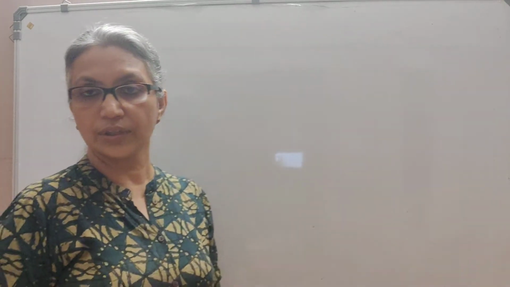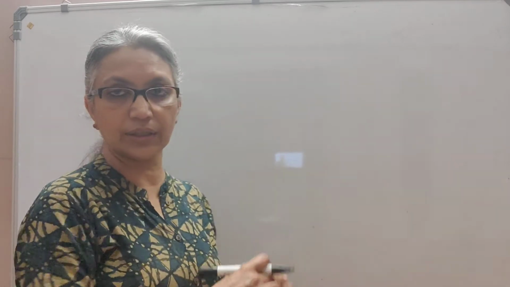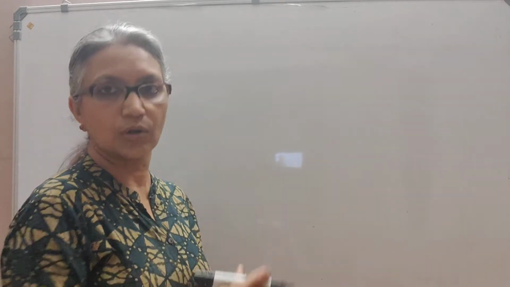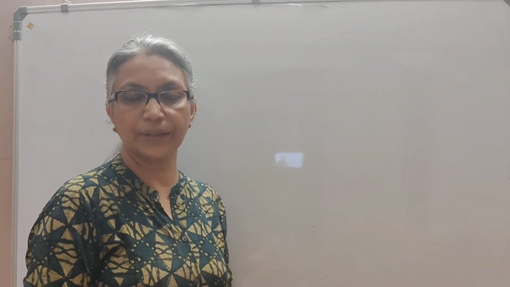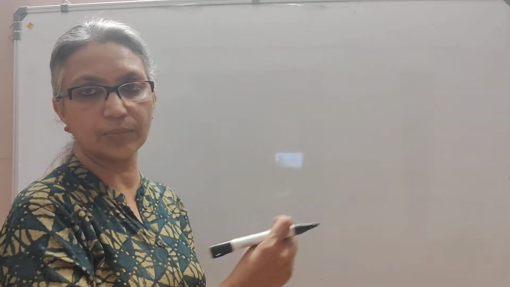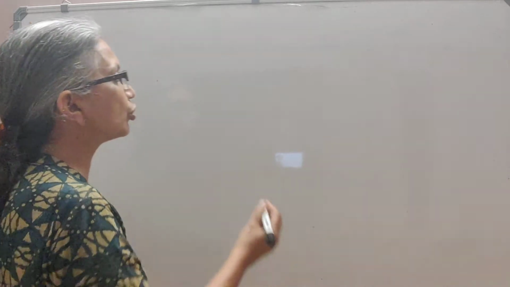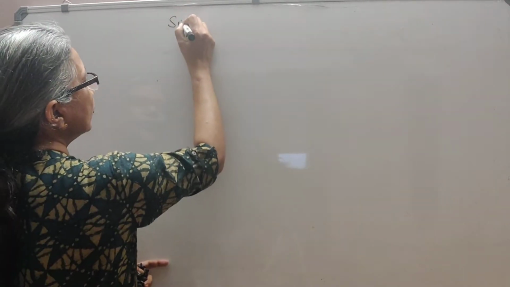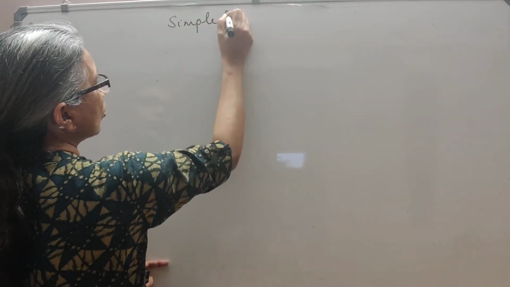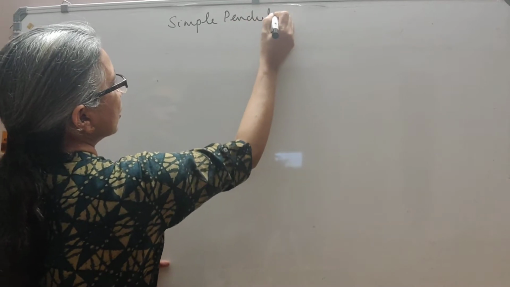We now go on to discuss another example of a simple harmonic oscillator. We did one already, which is the linear oscillator like the block and spring system. We also found an expression for its time period. We now go on to discuss the simple pendulum, which is also a simple harmonic oscillator. We are going to show that. For a simple pendulum, you are all familiar with it.